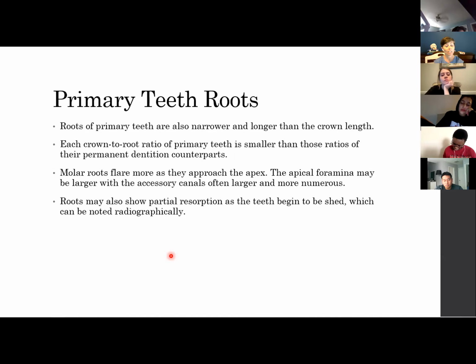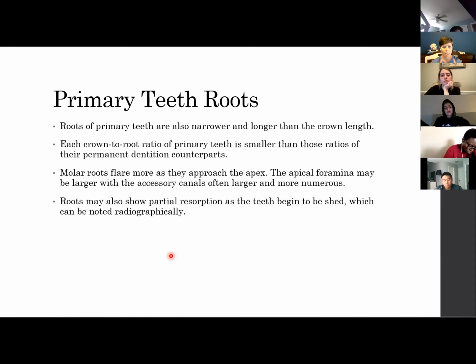All right, so primary teeth roots. The roots of the primary teeth are narrower and longer than the crown length. The crown to root ratio of the primary teeth is smaller than those ratios of their permanent dentition counterparts. Molar roots flare more as they approach the apex. The apical foramina may be larger, with the accessory canals often larger and more numerous.